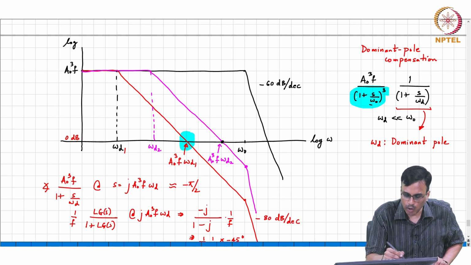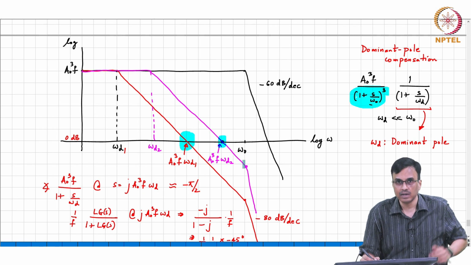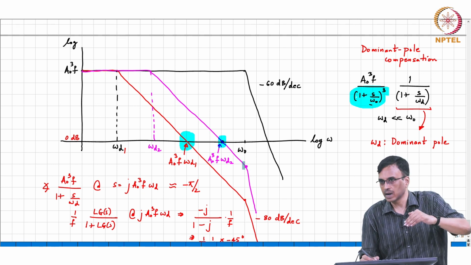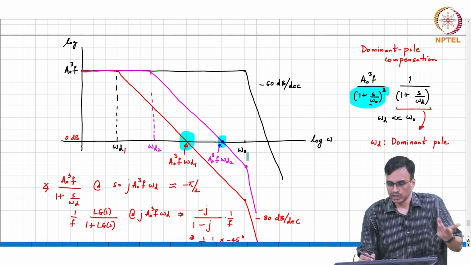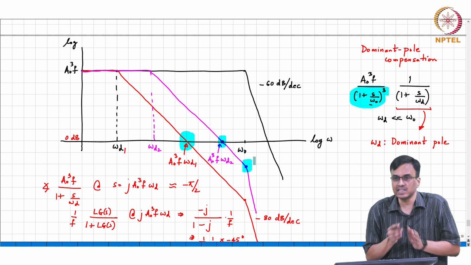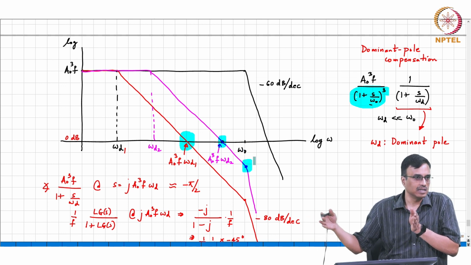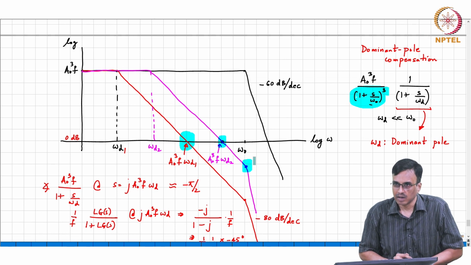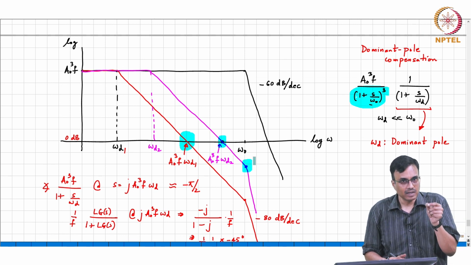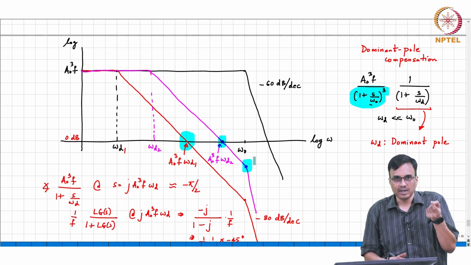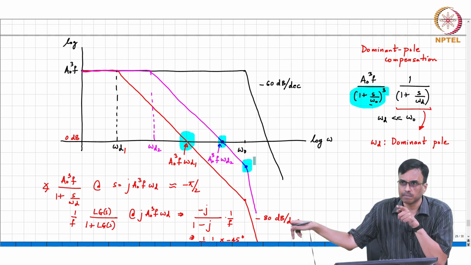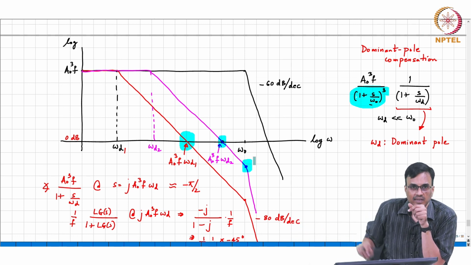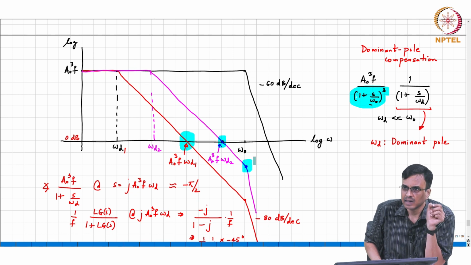You want them to occur way after the magnitude of the loop gain function has become 1. So, a way of measuring how far these extra poles are from the unity gain frequency is to simply measure the phase shift caused by these higher order poles at the unity gain frequency, not at omega naught.